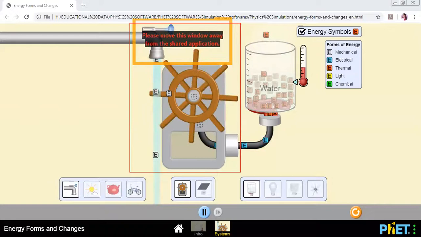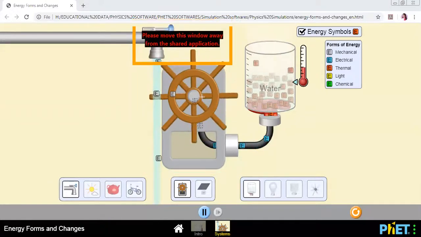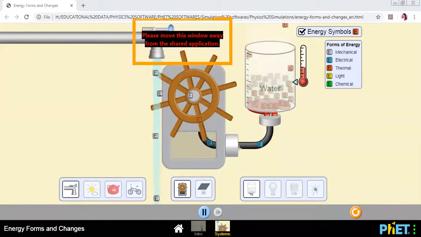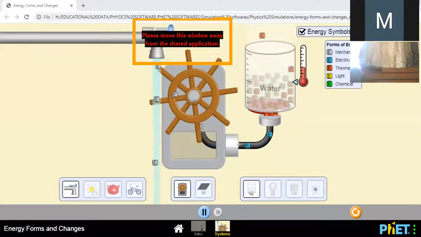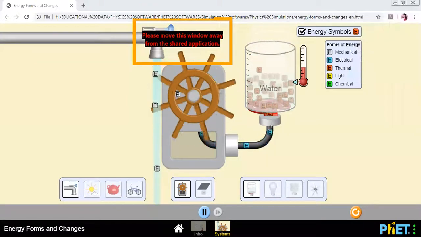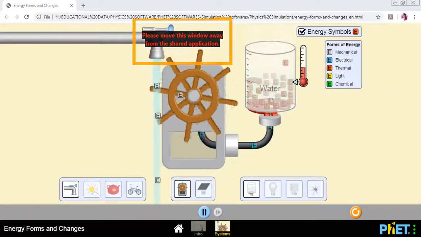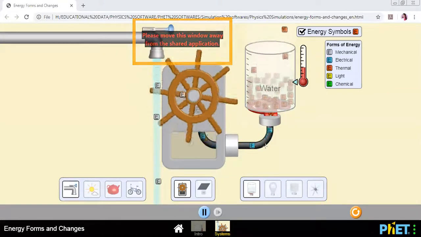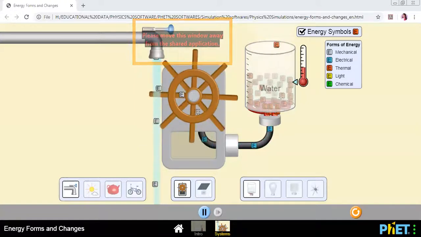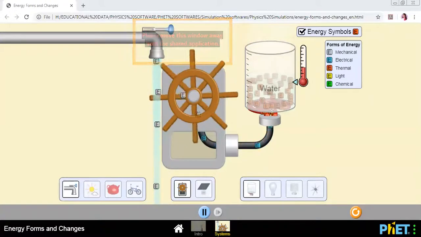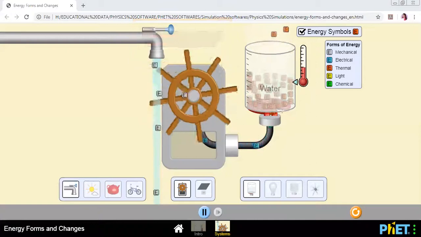Then we proceed. Now what is the next? The electrical energy is used to heat up this coil. So there is a conversion of electrical energy into thermal energy. This is how the energy conversion is taking place.